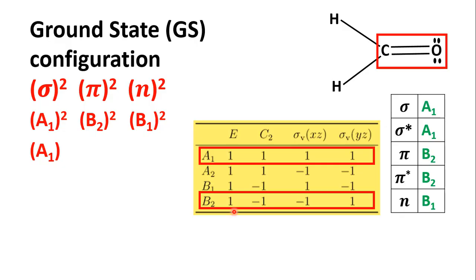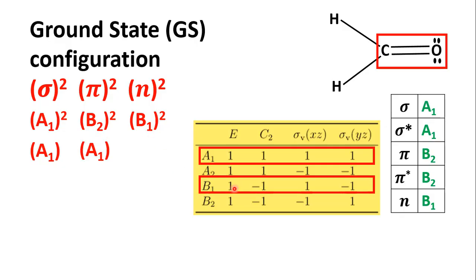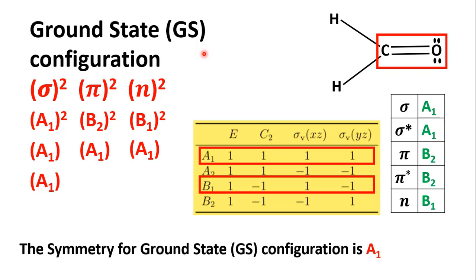And so you get 1, 1, 1, 1, and that corresponds to A1. So B2 square is A1. If you look at B1, 1, minus 1, 1, minus 1, and if you square B1, the square of minus 1 is once again plus 1. You will get A1 once again. And if you take the product, it's A1 once again. So the symmetry corresponding to the ground state configuration is A1.